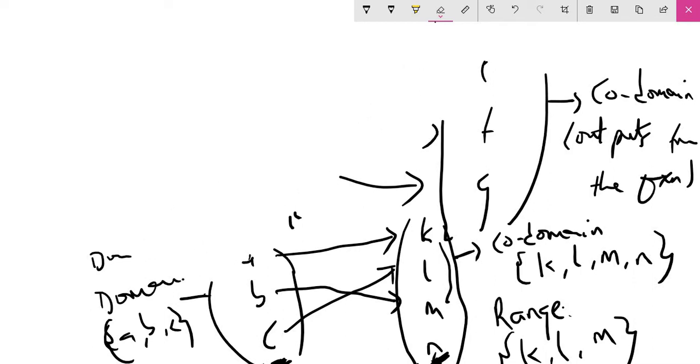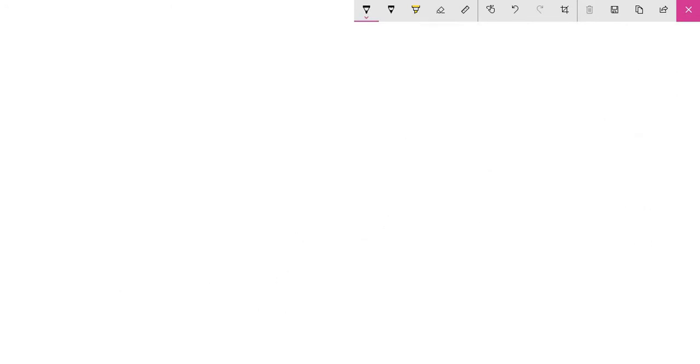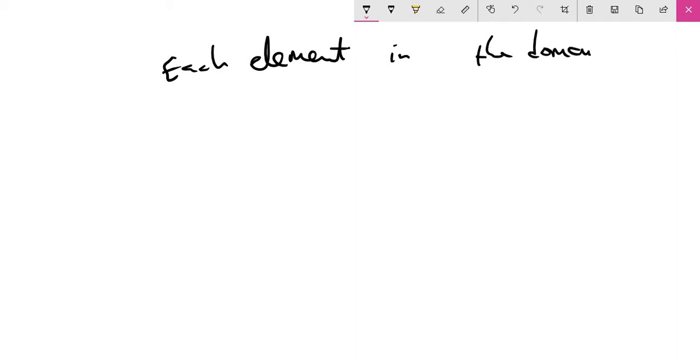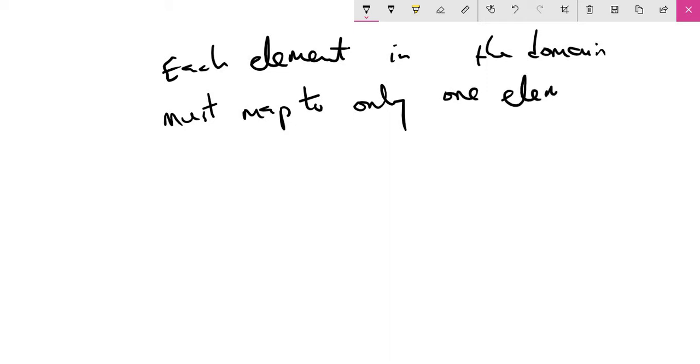If I just remember one thing: each element in the domain must map to only one element in the codomain. So that is the definition of a function.